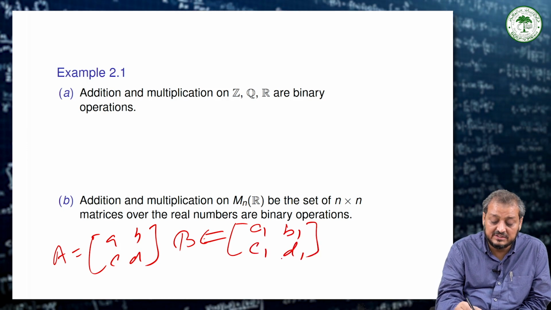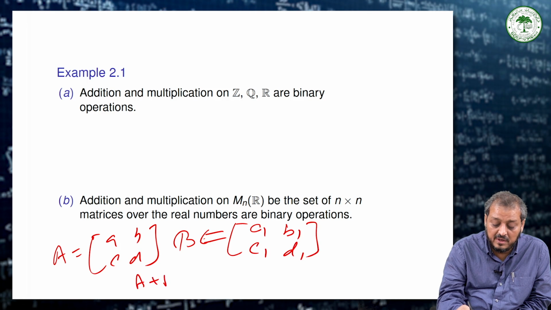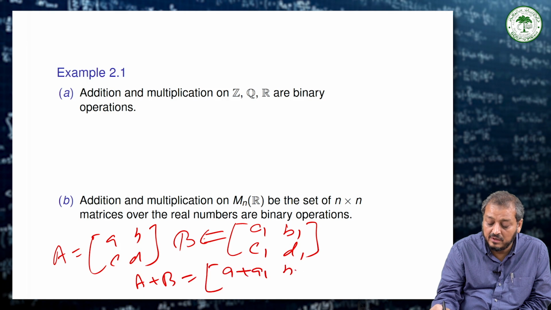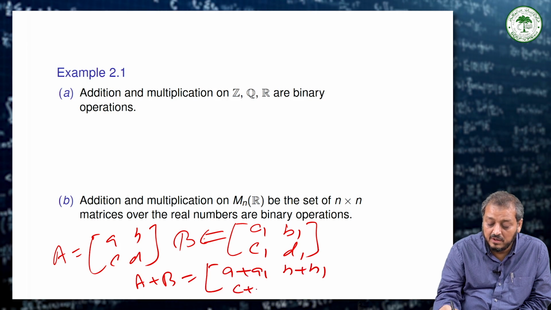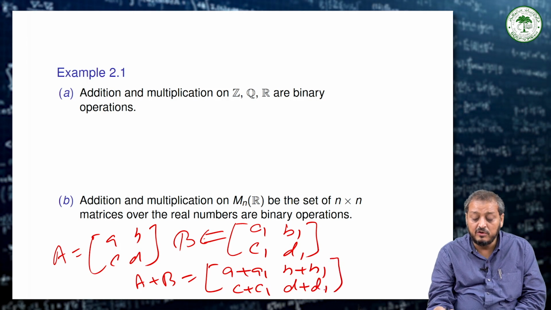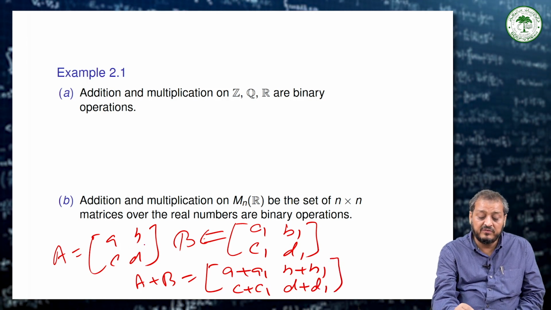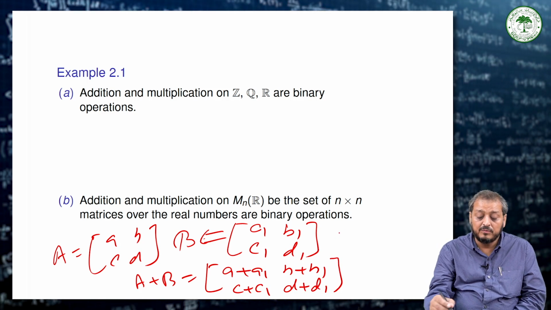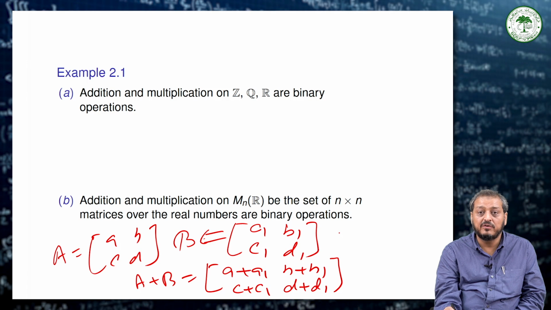Then easily we can see that A plus B is equal to a plus a1, b plus b1, c plus c1, d plus d1. And we know that a, b, c, d and a1, b1, c1, d1 are all elements of R, because we take a set of real numbers.